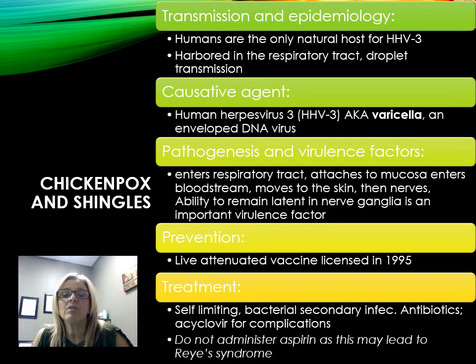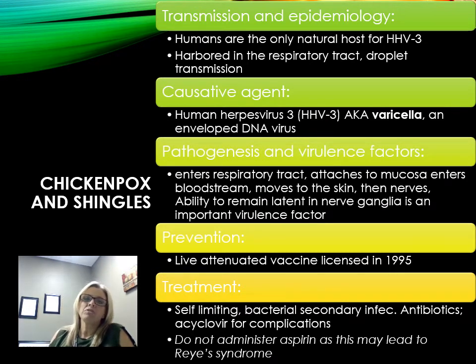Human herpes virus 3 is going to be spread via droplet contact. Humans are the only natural host. It will then cause the chickenpox illness. It's going to be harbored in the respiratory tract. It is spread via respiratory droplets or fluid from active lesions.